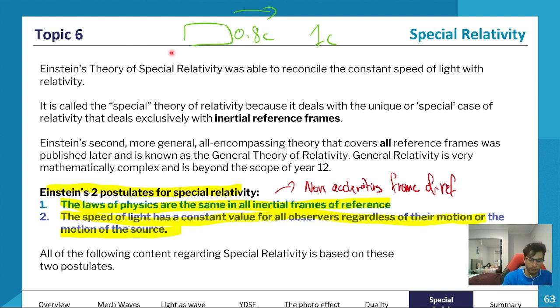And when that happens, we get into something called the general theory of relativity. And that stuff is very complicated. Let's just say that you need a master's in physics just to understand what general relativity is. So that's why in VCE Physics, we just stick to special relativity, where things are non-accelerating.